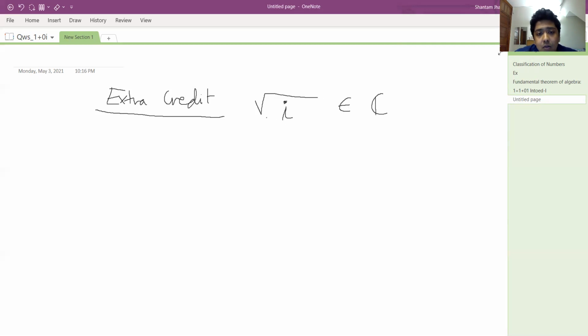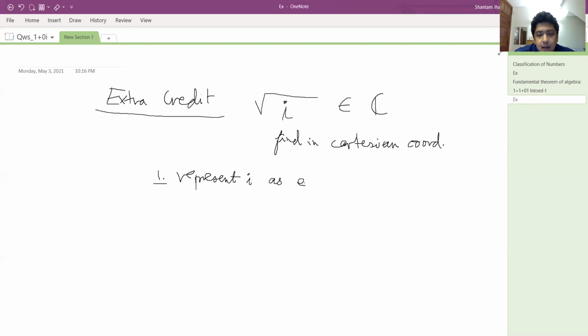I would also like you to evaluate this and find your answer in Cartesian coordinates. And how do I do this? My hint here is: first, represent i as r e to the i theta, a complex number in polar coordinates.